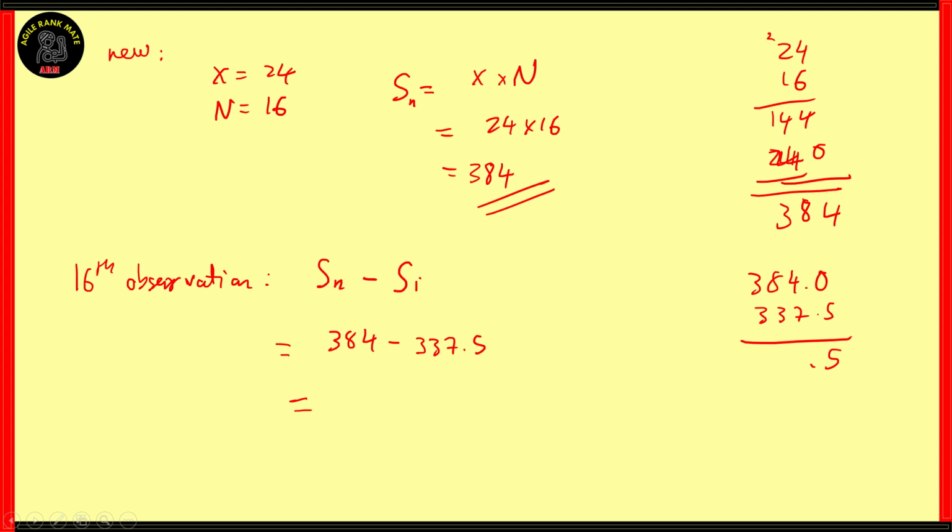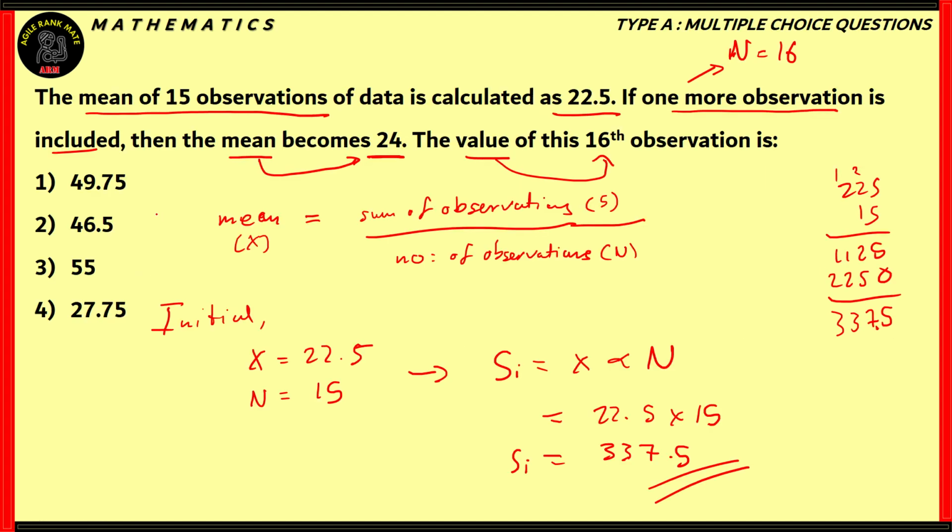Now, since the final answer has to be in terms of 0.5, we can eliminate options 1, 3, and 4, because 4 and 1 have 0.75 and 3 has a whole number. So therefore, all 3 of these options are incorrect, which would give us option 2, 46.5, as the right answer.